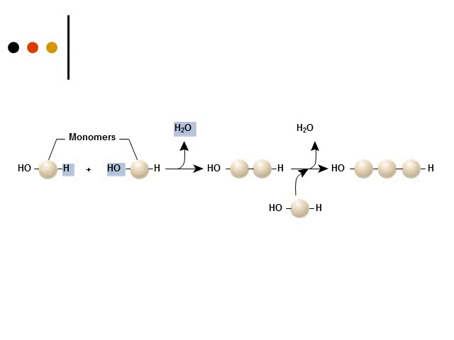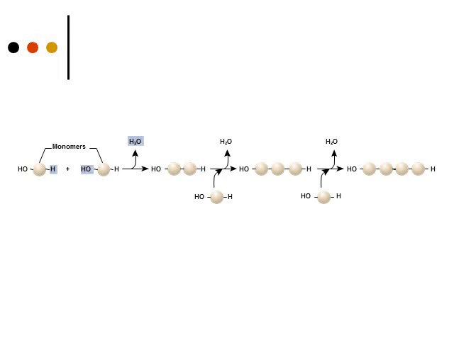Now you have a molecule that has 3 monomers attached together on the very right. We can just do this again. We add a 4th monomer coming in, knock out another water molecule, and you end up with a molecule that has 4 white circles attached together. So that's your dehydration or condensation reaction.